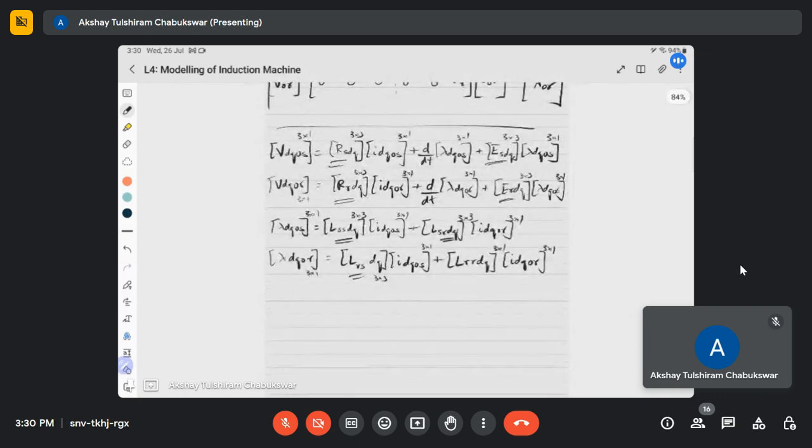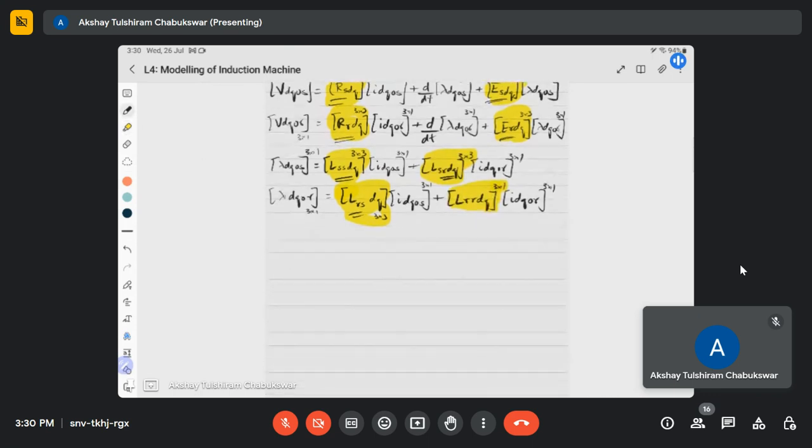These are the new matrices which you got, so you have to find each of these matrices.